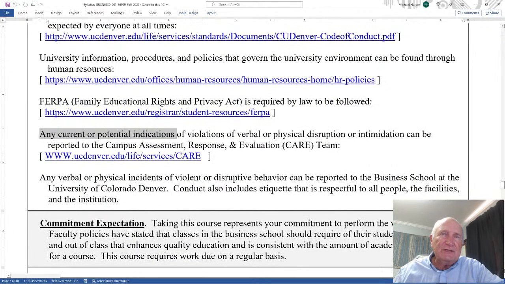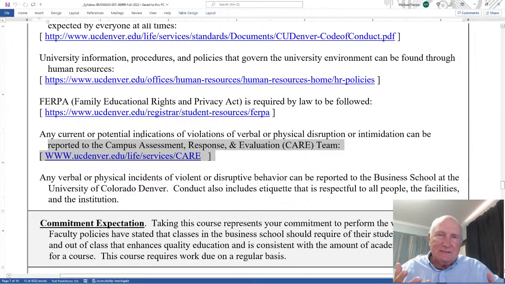Any current or potential indications of violations of verbal or physical disruption or intimidation, which includes violence, can be reported to the CARE team. Now, the CARE is an assessment team. They come and assess things.